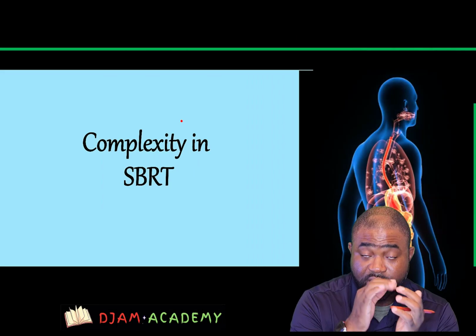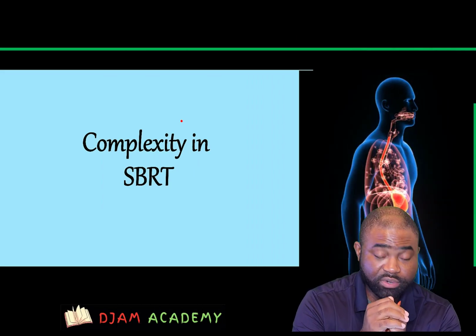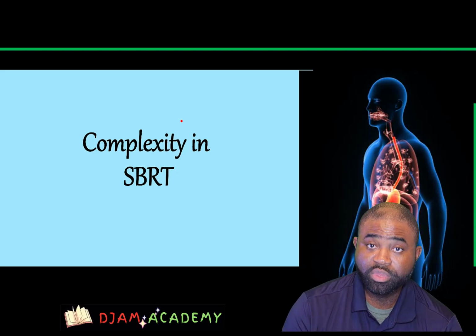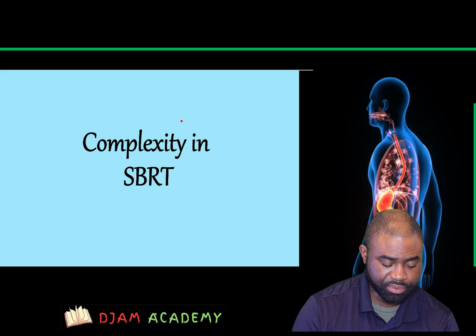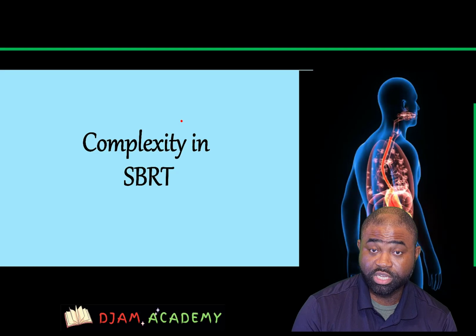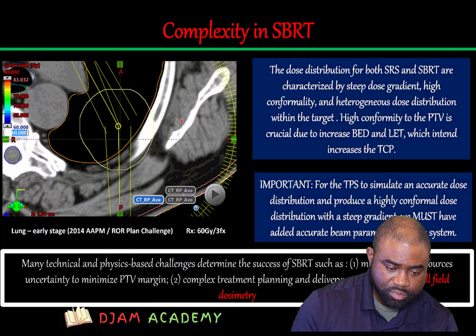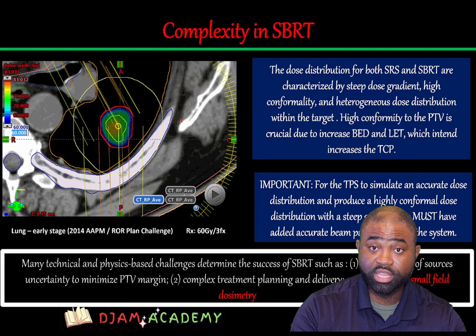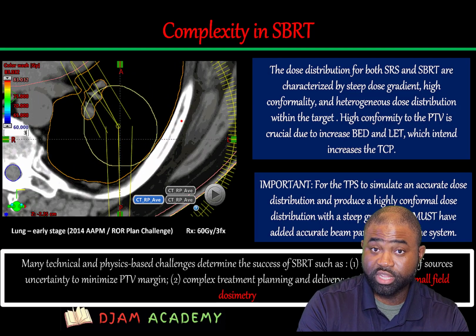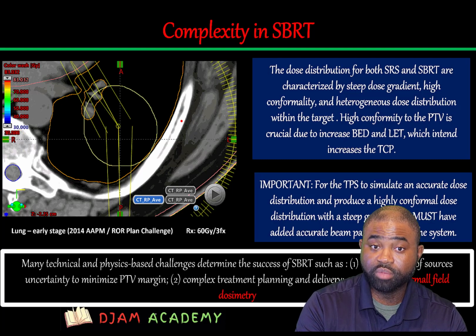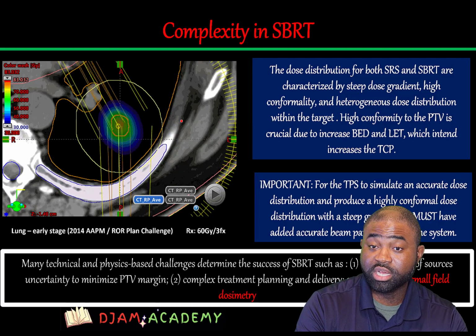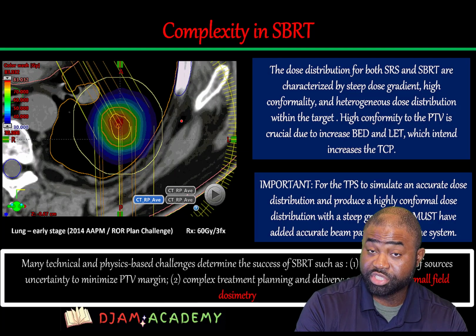The complexities that we encounter in stereotactic radiosurgery. It is a highly specialized process in which we deliver high doses to small targets, and it is a complex process. So the question is, what really are these complexities? One of the unique things about stereotactic radiosurgery and stereotactic body radiation therapy is the fact that the dose distribution for both techniques is characterized by a steep dose gradient.